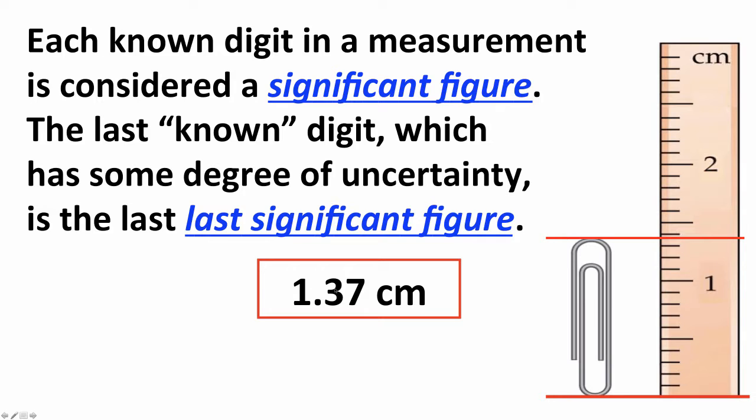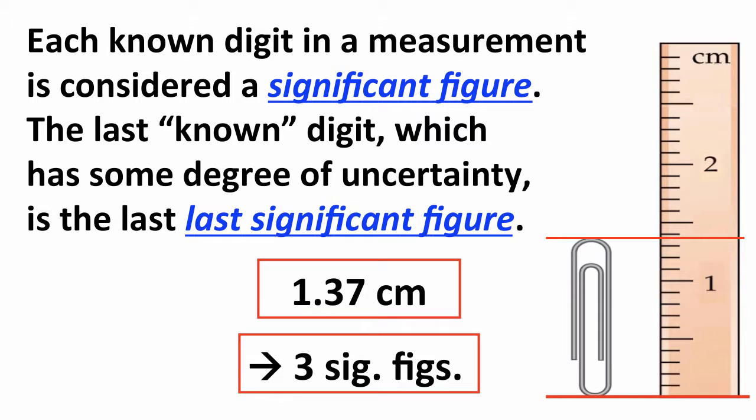We're sure about the 1, we're sure about the 3, and we're reasonably sure about the 7, but that's got a little bit of uncertainty in it. So 3 sig figs. Just as a note, instead of writing out the whole significant figures terms, we'll just say sig figs or even just SFs.